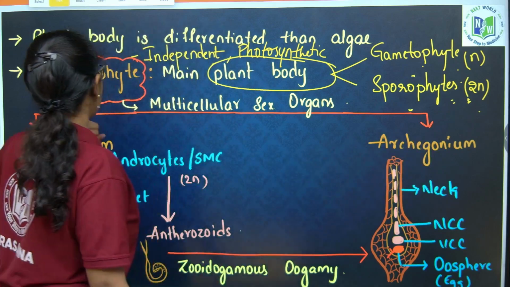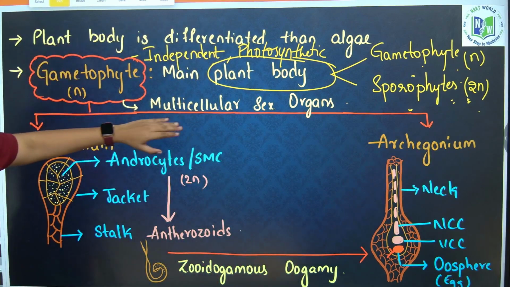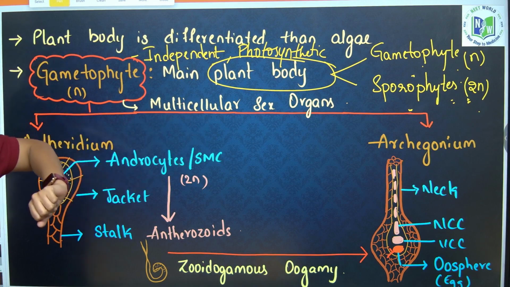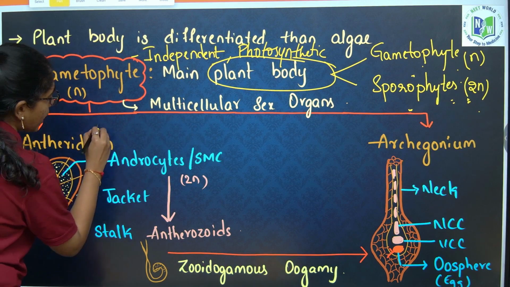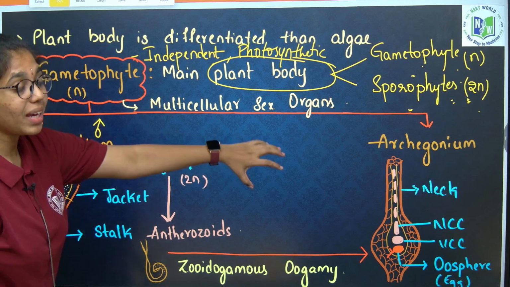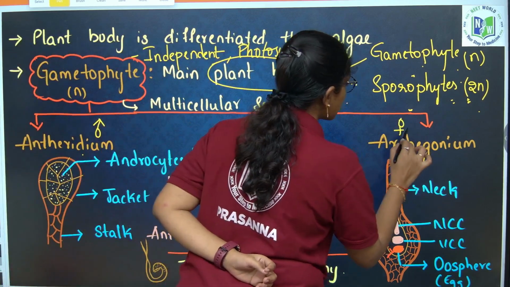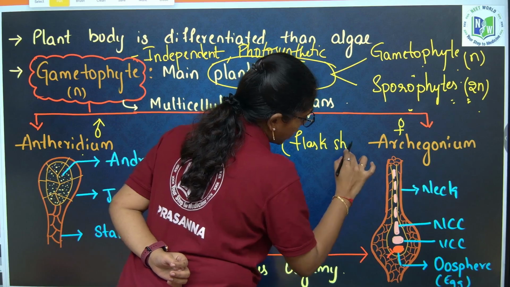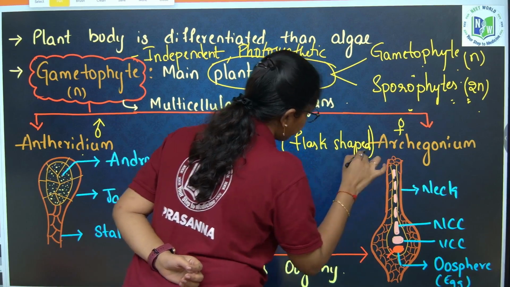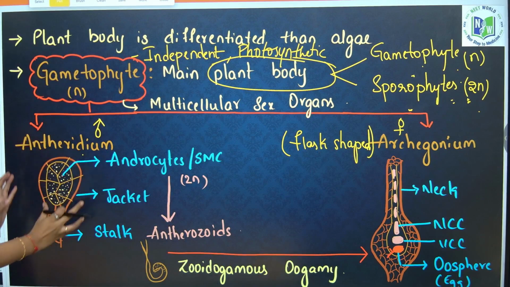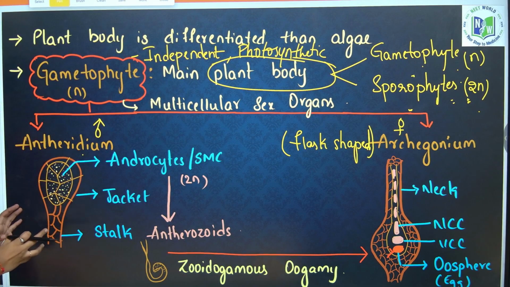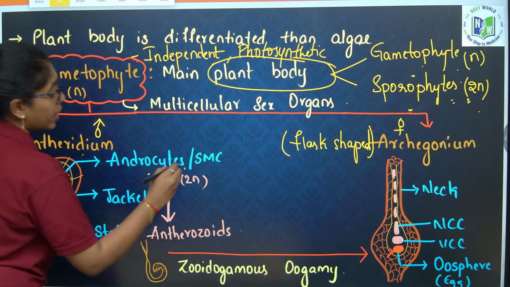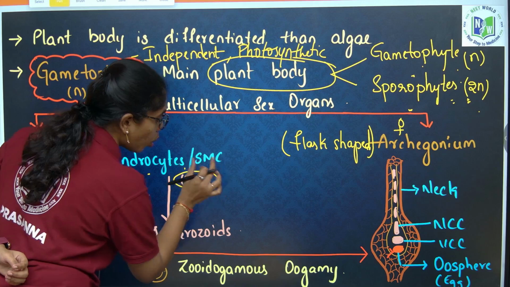Clear, ma? Now, gametophyte bears multicellular sex organs. Male sex organ is antheridium, female sex organ is flask shaped archegonium. Antheridium is covered with a multicellular jacket, and inside the antheridium it bears diploid androcytes, or spore mother cells.